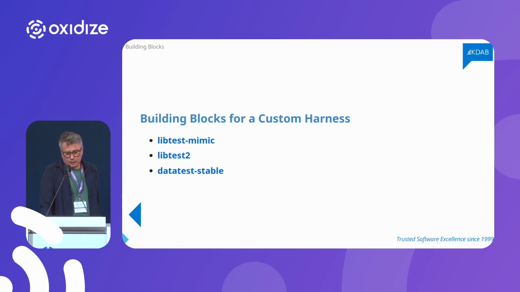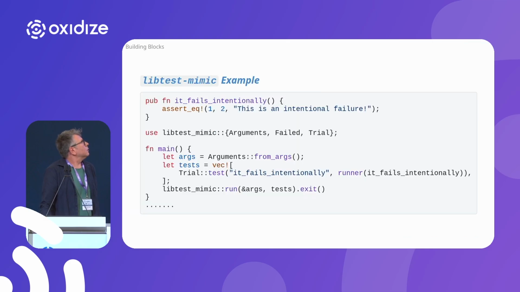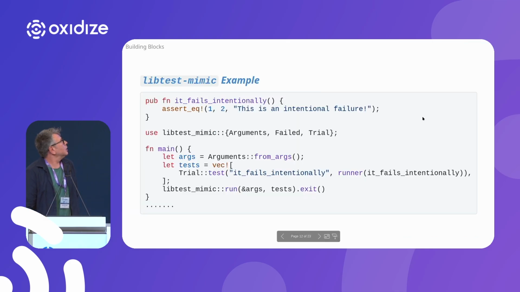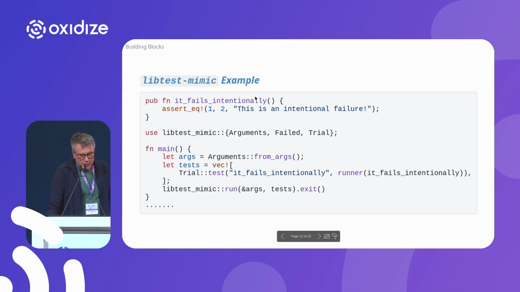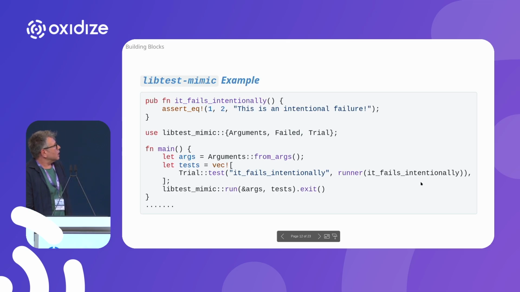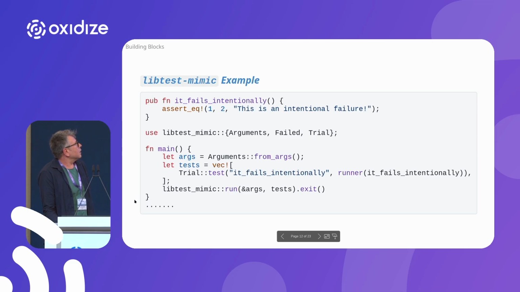If we look now at an example of how to use libtest-mimic, here is your own main function, and then you need to manually register each test case in here and then call into libtest-mimic. And especially this part is very annoying.